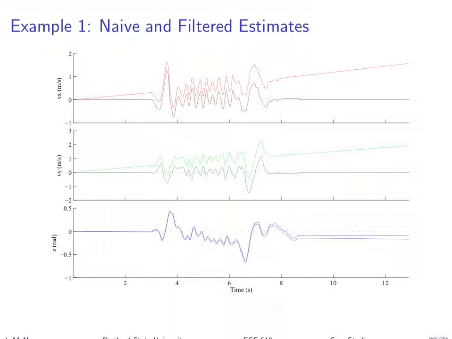But if we use the model, things get much better. The dark line is the filtered estimate. You can tell the difference because the bias is essentially gone. You can see the effect of the bias where there's a linear growth in the velocity for both of these signals, and to some extent for the gyro, although the gyro doesn't end at 0 because this is the angle, not the rate.